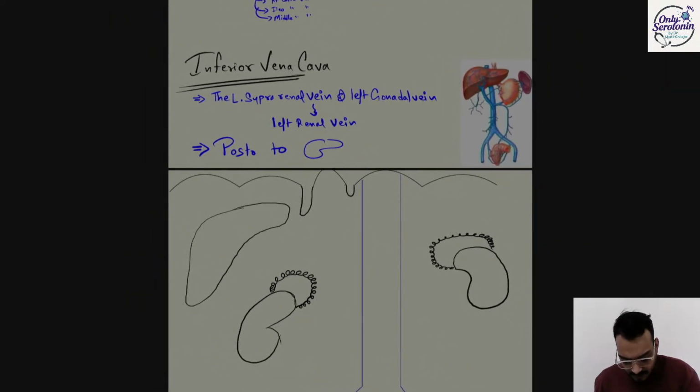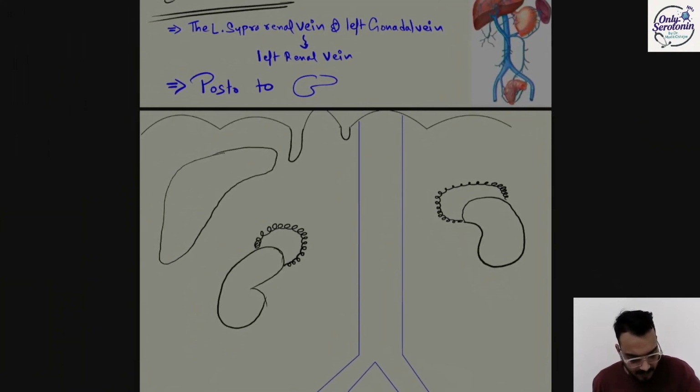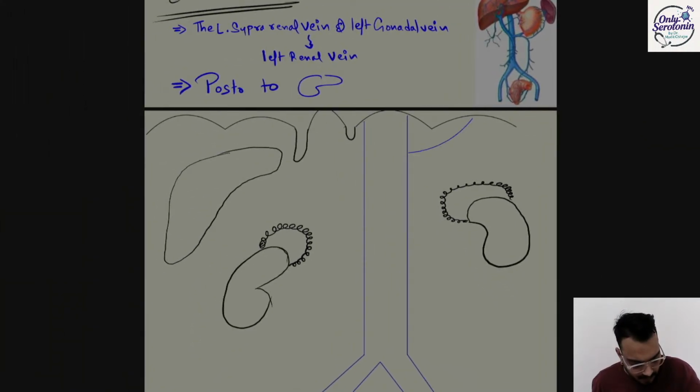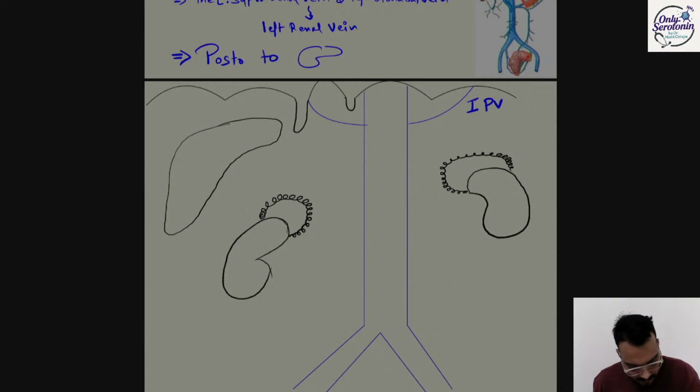Now let's see the veins which are attached with the inferior vena cava. First of all, we are having the inferior phrenic vein. It will be on both sides, right? Then this is my left side, this is the right side. With the liver, I am going to have my hepatic vein.